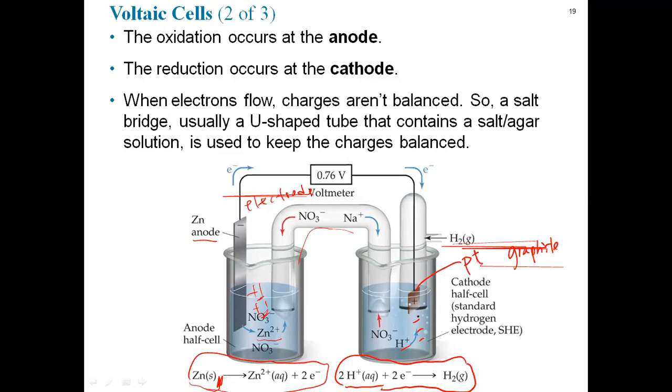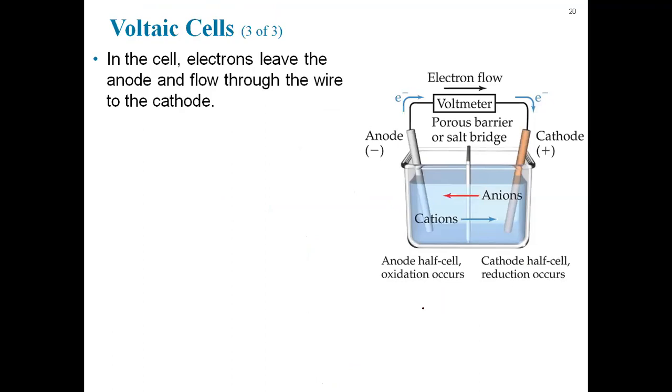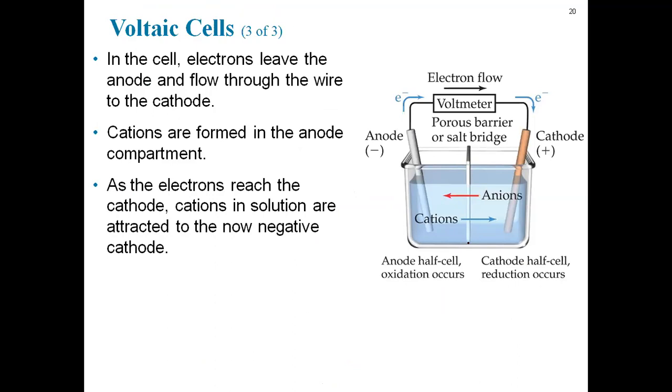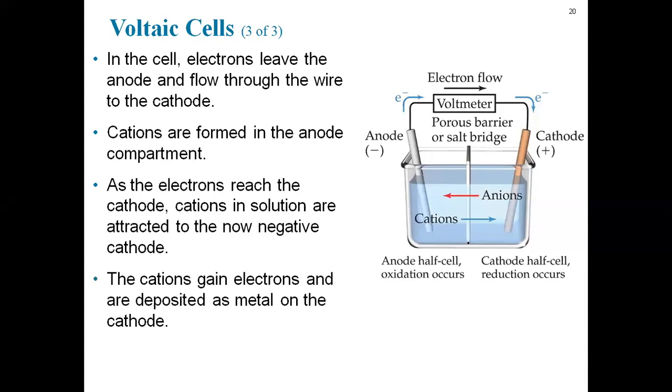And here, obviously you will have more and more negative charge, so positive ions from the salt bridge come over to neutralize or balance the charge built up in this cathode. The cations are formed in the anode, then the cations disappear in the cathode, so you have to use a salt bridge to balance those.